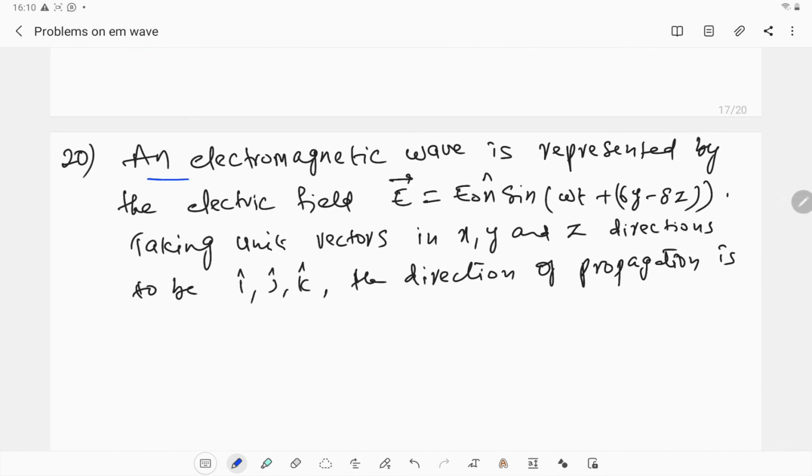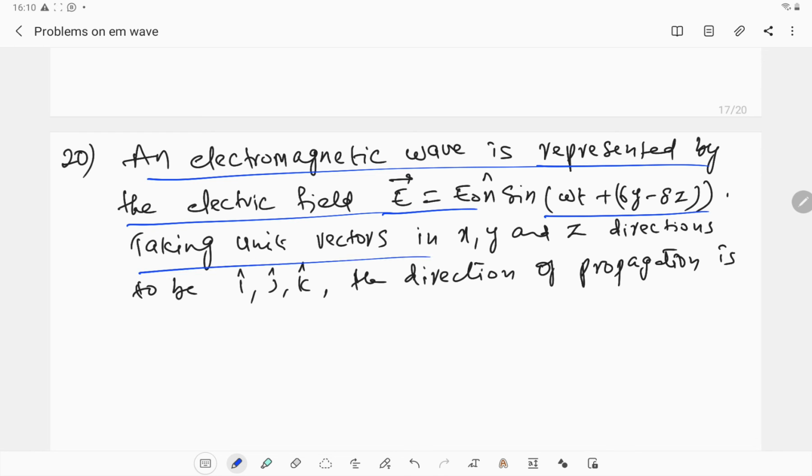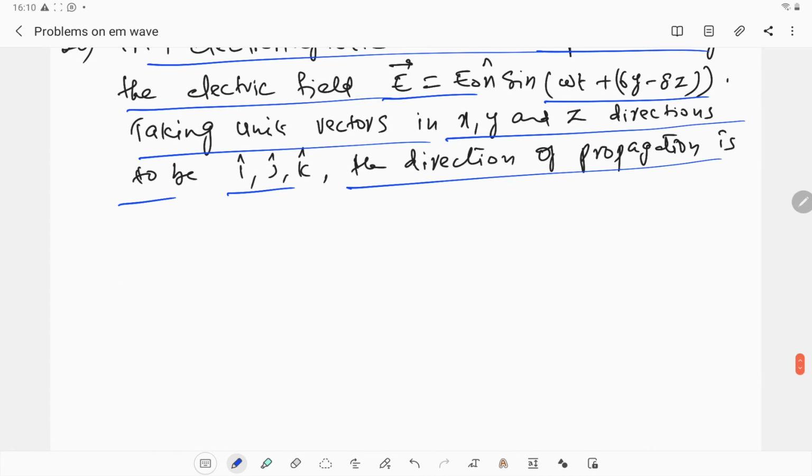an electromagnetic wave is represented by the electric field E bar as E naught n cap sine omega t plus 6y minus 8z, taking unit vectors in x, y, z directions to be i cap, j cap, k cap. The direction of propagation is, see, the general electromagnetic wave equation E bar is equal to E naught sine omega t minus k bar dot r bar.